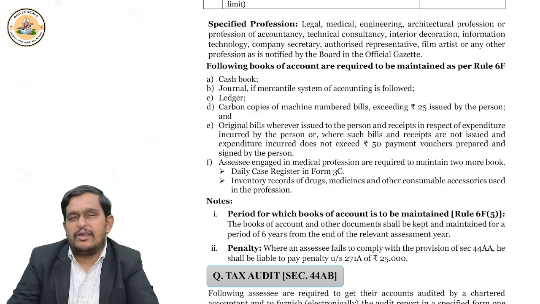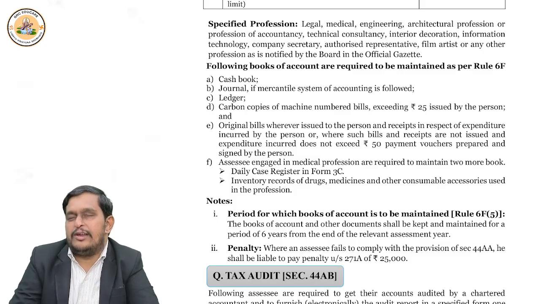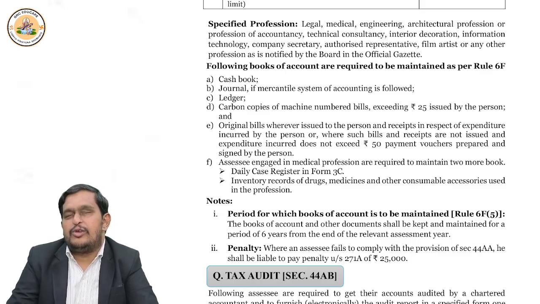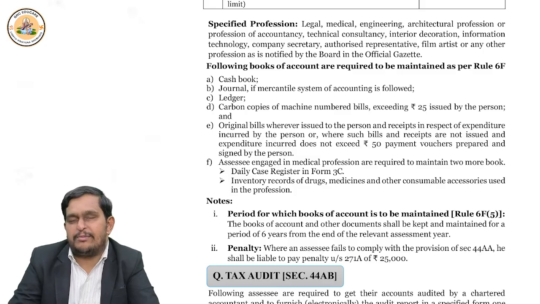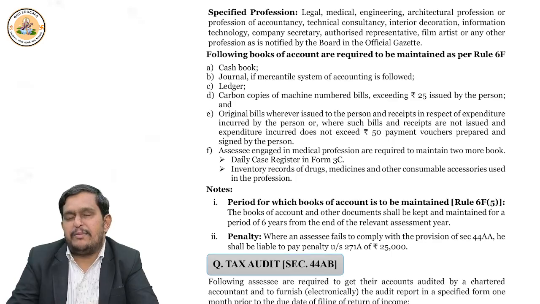So what you remember? If on the original bill you wrote what the customer paid to you and you received, a carbon copy is created for it. If the amount is 25 rupees or more, maintain the copy. Next point is, suppose you went to a shop and purchased something for your business, then is the payment 50 rupees or more?